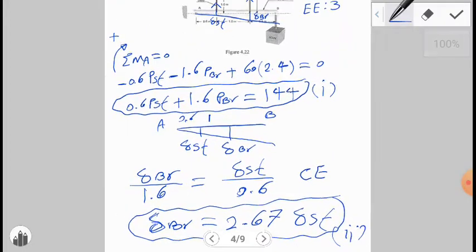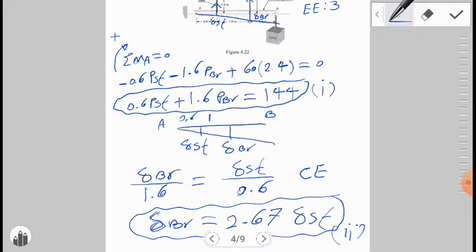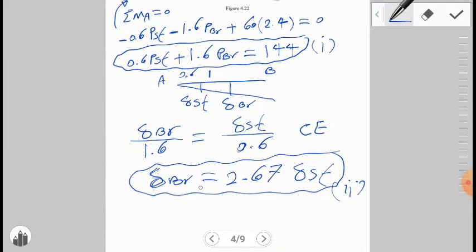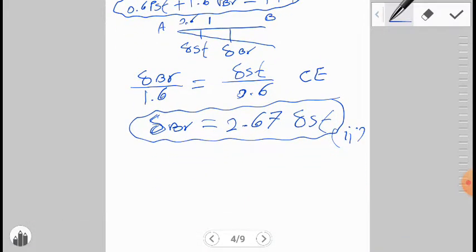So far, we found one equation based on the equation of equilibrium, sigma M_A is equal to 0, and using the compatibility concept or equation, we found another equation, equation number 2. There is a relationship between the deformation in the bronze and the steel. Now, you know that the deformation of a linear elastic material under axial load, delta, is equal to PL over AE.